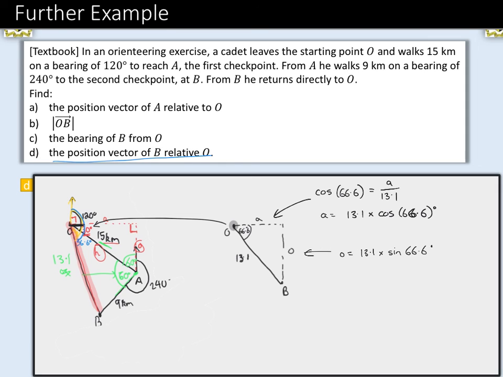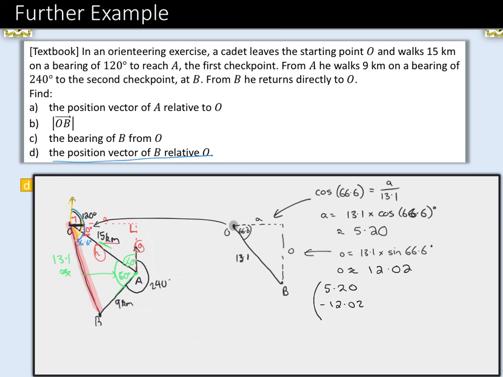I can work both of those out: A is approximately 5.20, and O is approximately 12.02. To write that as a vector, it would be 5.20, and then we're going down 12.02, so that would be minus 12.02.